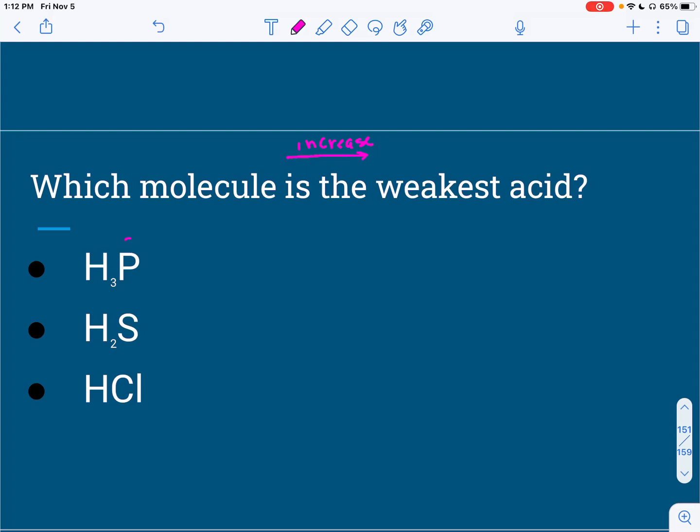So these, phosphorus, sulfur, chlorine, are all in the same period. So as we go across, it's going to increase, so this one is the weakest. And that is the same explanation as the oxyacids. As you go across a period, the more electronegative element is going to pull electrons towards it, so the H can just leave easier.